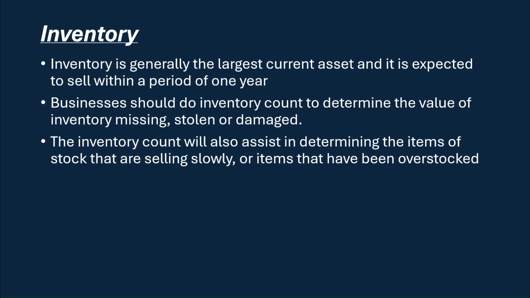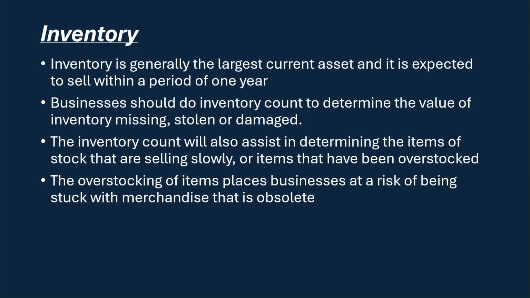Then overstocked. Sometimes you might find that the snacks that they stocked up are many, and not a lot of people actually finish those snacks, right? So that's when they start doing your sales, so that they can try to sell them out before they actually expire, right?